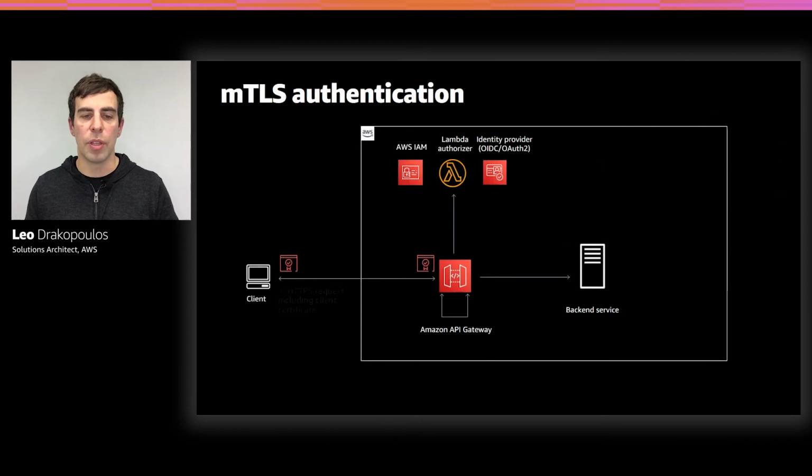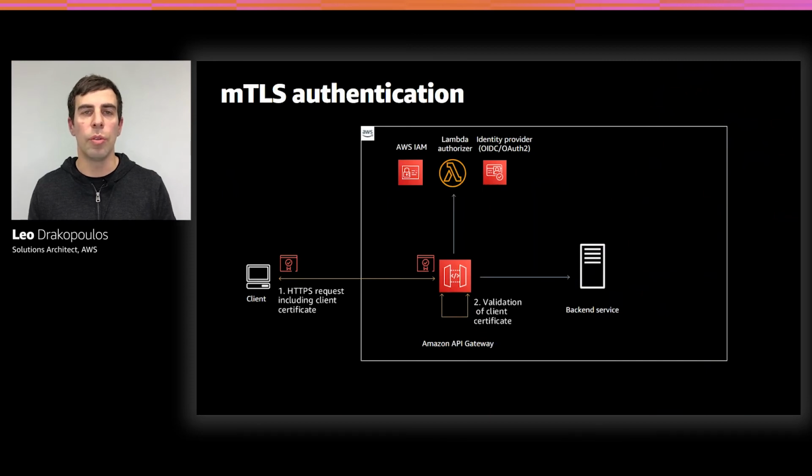So the first step of this authentication flow is sending an HTTPS request, but including the client certificate. And the next step is for Amazon API Gateway to validate this client certificate.